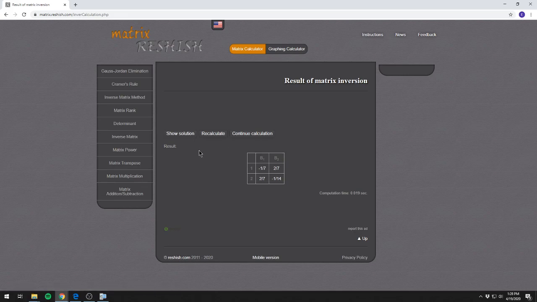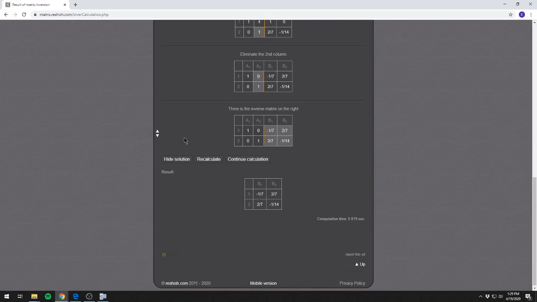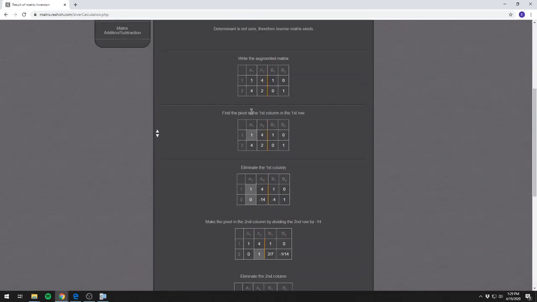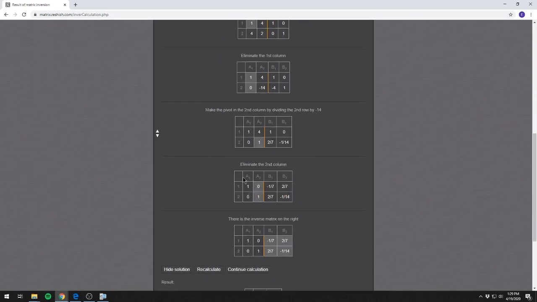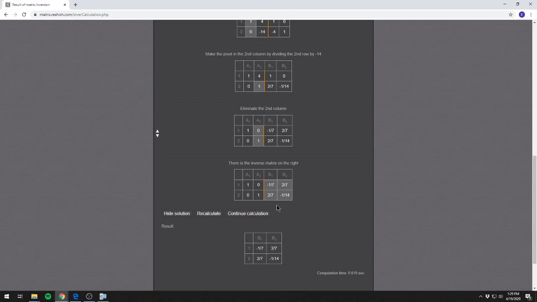You don't have to set up anything, but I think one thing that's a little unsatisfying about this is you didn't do anything. The calculation it goes through is actually what you do. You write the augmented matrix, you row reduce it, make the identity matrix over here, and then this side becomes your inverse.